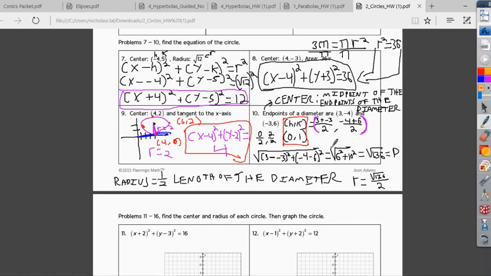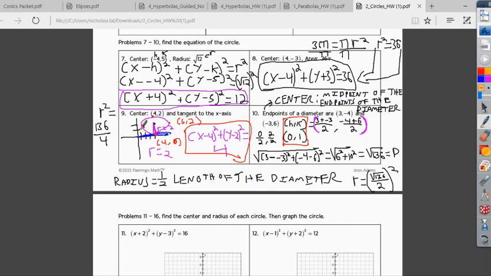If r is equal to the square root of 136 over 2, then r squared is equal to 136 over 4.